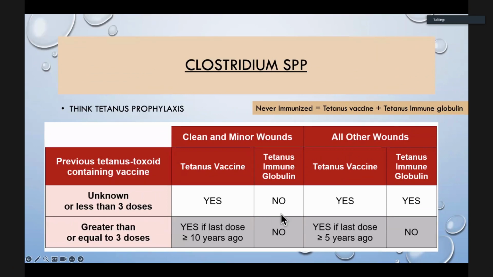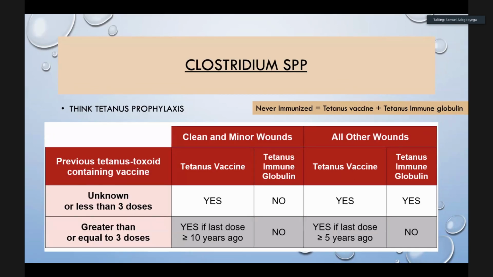Okay. I took this verbatim, I think, from the Pocket Podiatry, or they call it the Watkins. So the only time you're going to give immunoglobulin is if the patient is not fully immunized. If they have less than 3 doses, that means they're not fully immunized.